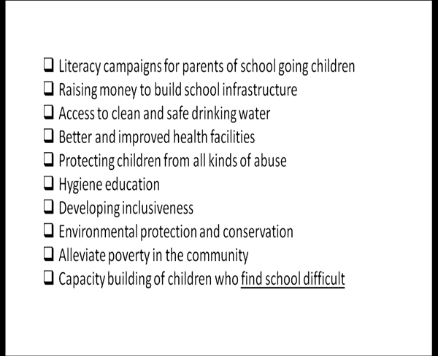So how do we protect them? So that's one of the needs of the community. Hygiene education, developing inclusiveness, wherein people of different backgrounds come together and learn to live together. Environmental protection and conservation.